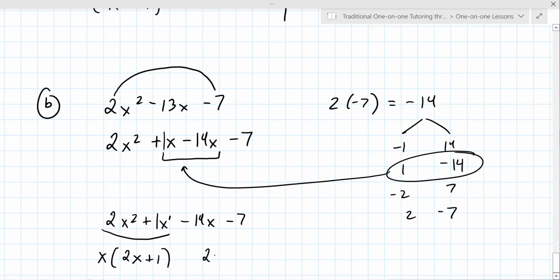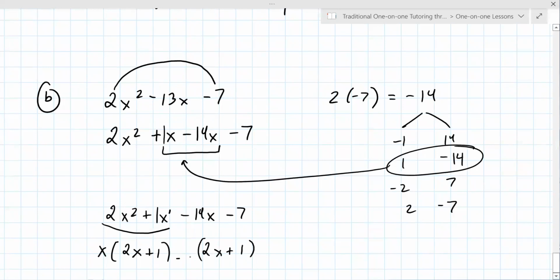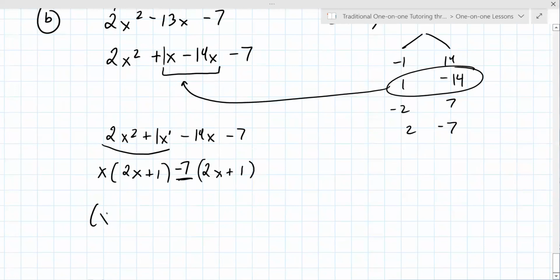And then you immediately rewrite that over here, 2x plus 1. Then you figure out what goes in the middle such that when you multiply it in, you get back to the previous line. It ends up being minus 7. So then you factor those two out and the 2x plus 1, and there's your final answer.